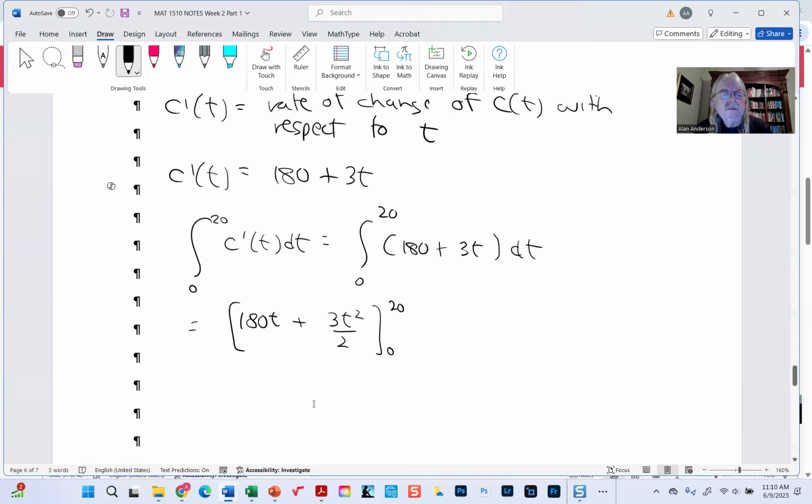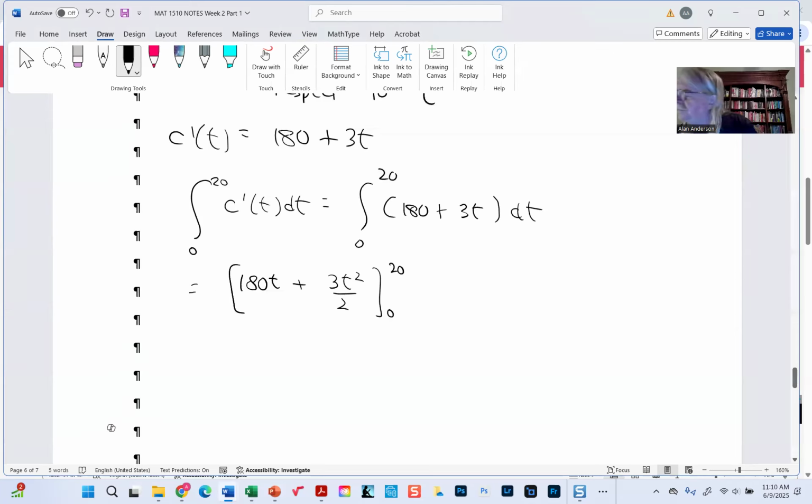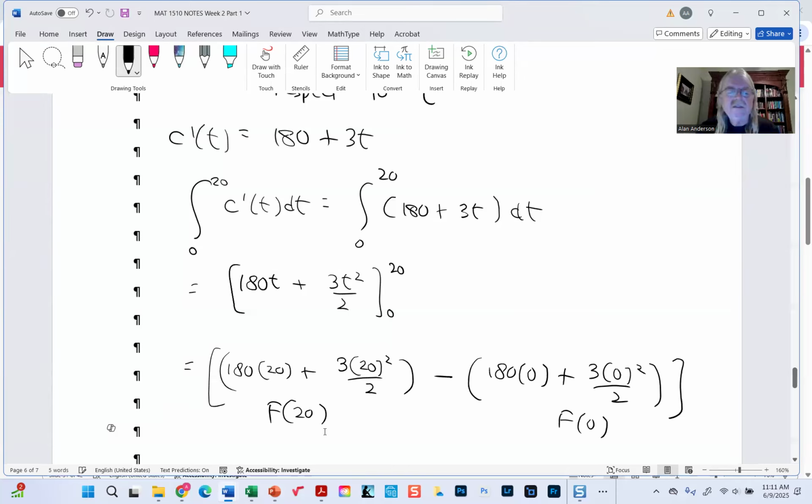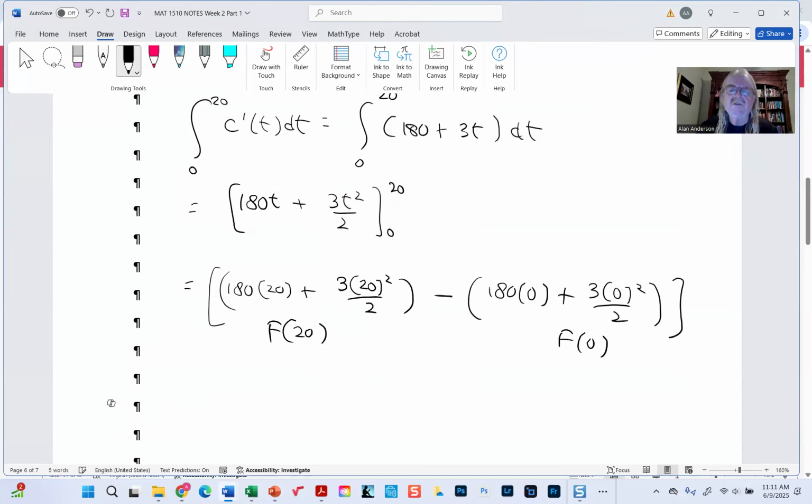In other words, this function in here is C prime of t. Think of this as f of 20 and f of 0. In other words, the integral of value at those two endpoints.